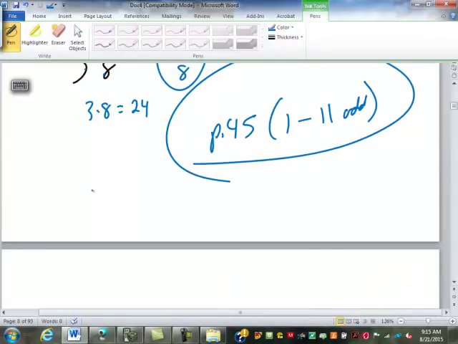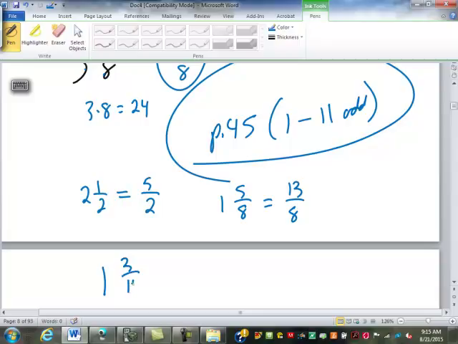Okay, number 1. 2 1/2 becomes 5 halves. 1 5/8 becomes 13/8. 1 3/16, 19/16. On to the next page. 4 9/32, 137/32.